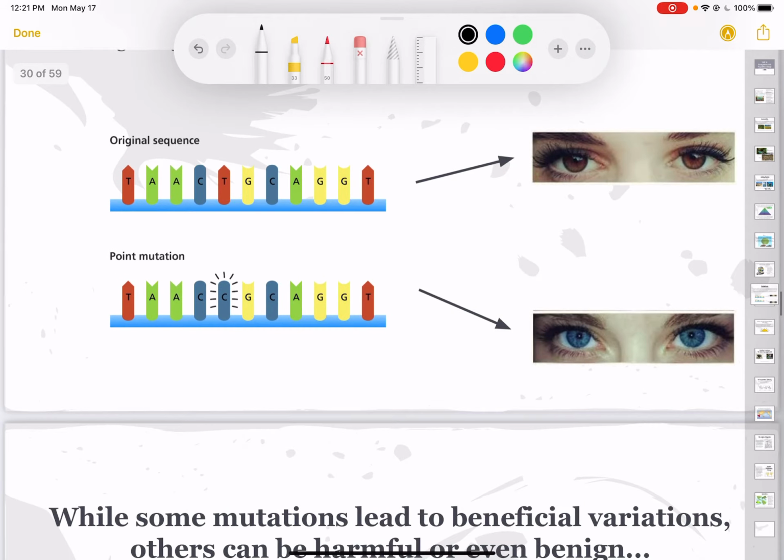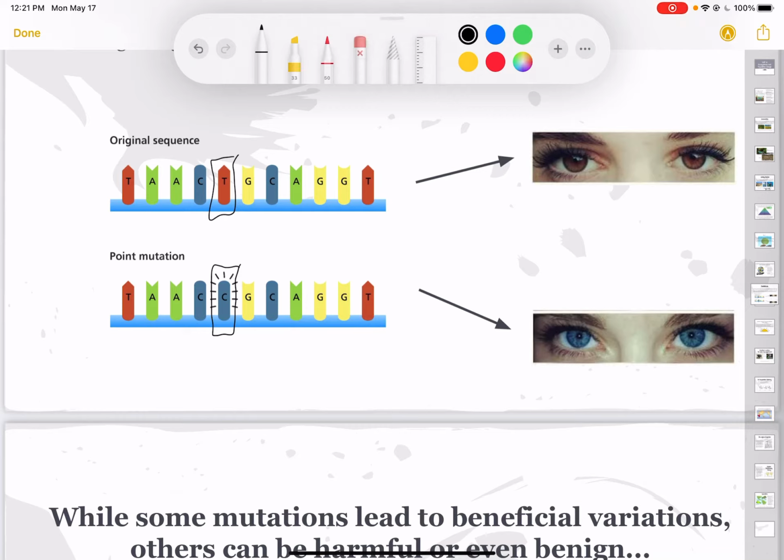So if we have an original, this is showing you an example. If this was the original sequence at the top here, a mutation that might happen is this one is supposed to be a T, but it put it as a C. And just by changing that one part of the DNA, that can cause a big difference. And in this case, they're saying that it changed the color of someone's eyes.